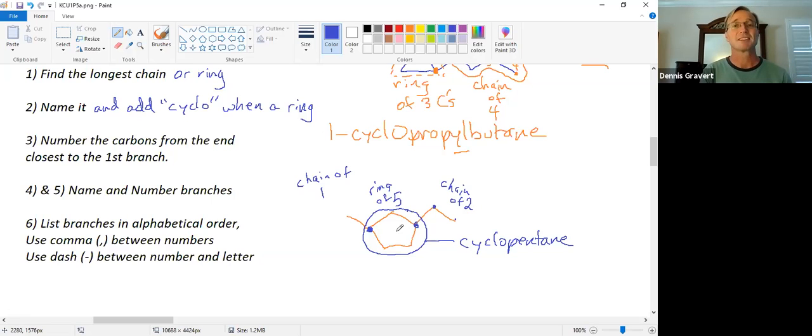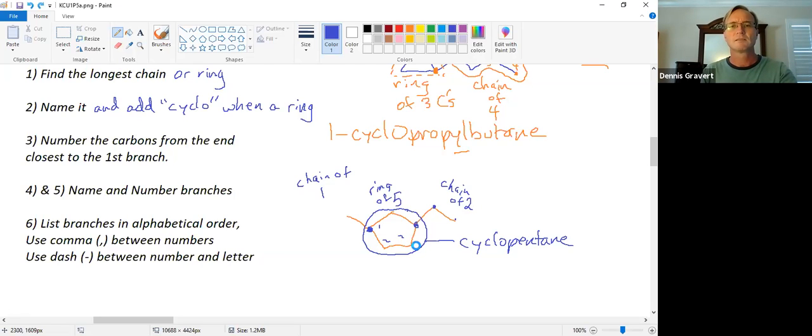Go to your second branch. Okay, so if I start on the left side, this could be carbon 1, and then I'll go across the top 2 and then 3. I don't want to go around the bottom, right? If I say 1, 2, 3, 4, ooh, that's too high. The objective is to keep your golf score down.